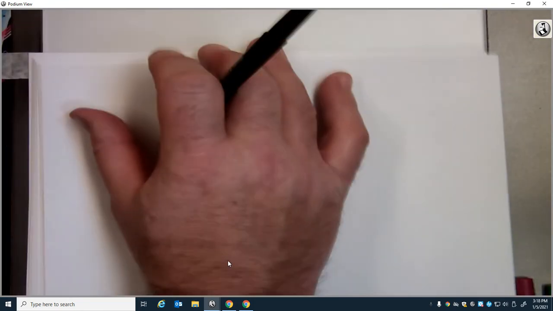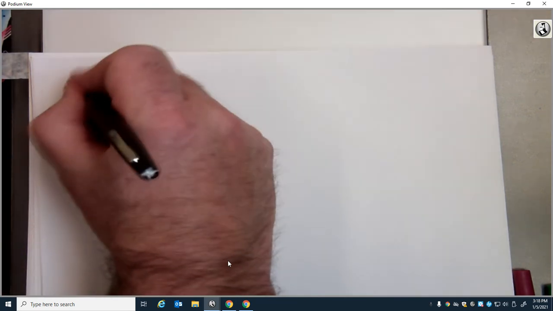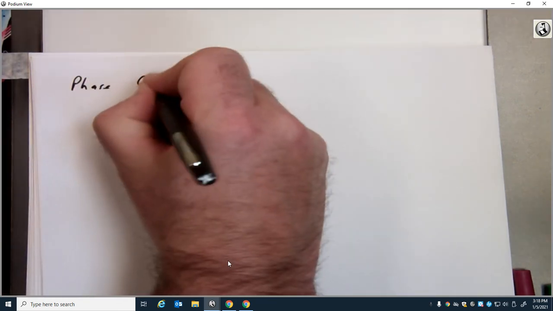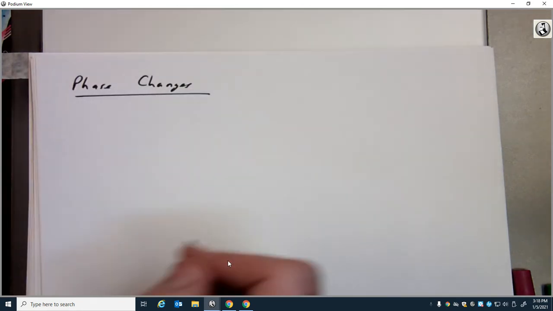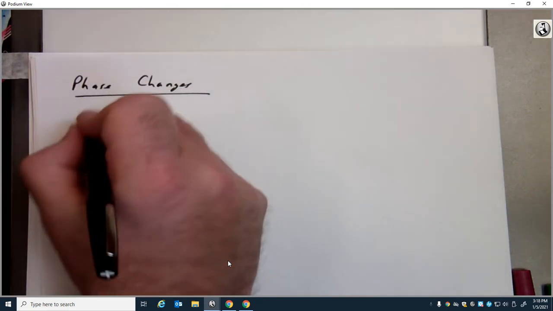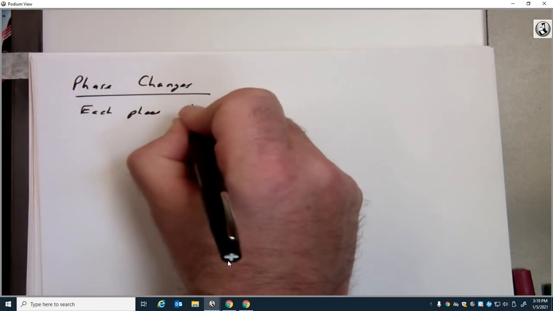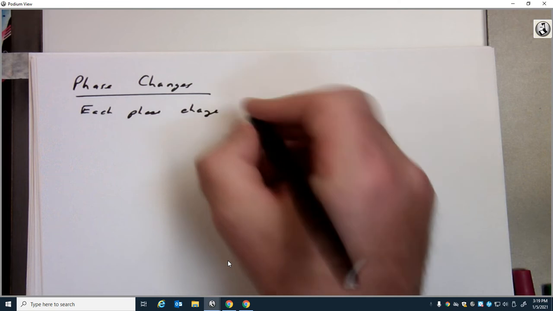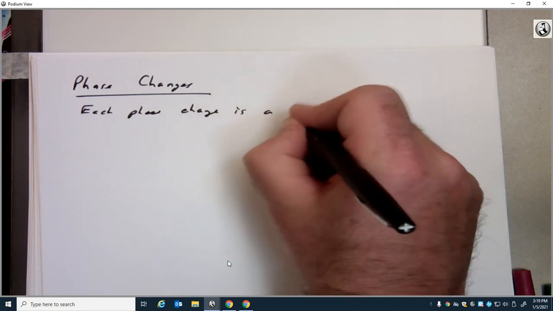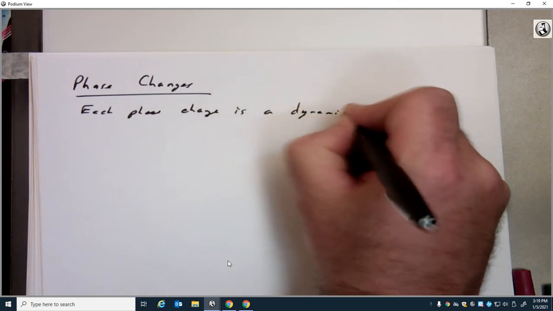All right, let's quickly summarize some things about phase changes. First of all, each phase change is a dynamic equilibrium.